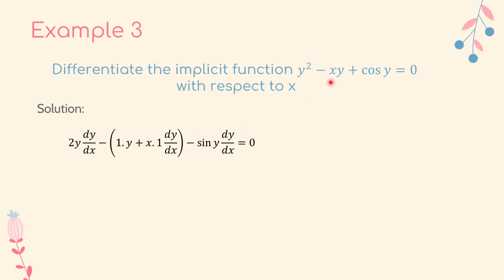After that, we differentiate y, which becomes 1, multiply with dy/dx, and multiply again with x, and cos y becomes minus sin y multiplied with dy/dx. So after collecting dy/dx, what we have here is dy/dx equals y over (2y minus x minus sin y).